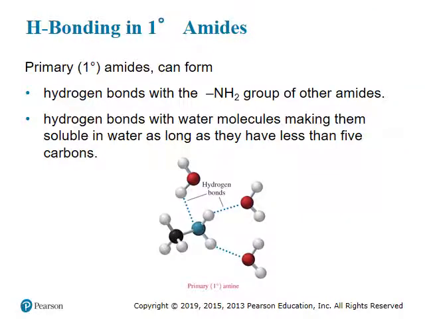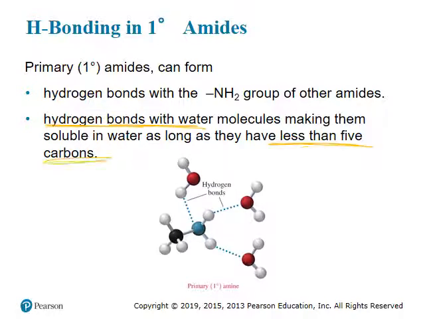Okay, so this is again explaining the same thing that I just drew. This is showing you the examples that primary amides can form hydrogen bonds with the 2 nitrogen amine groups of other amides. What makes them soluble? They can make hydrogen bonds with water, therefore they are soluble, but they have to have less than 5 carbons.